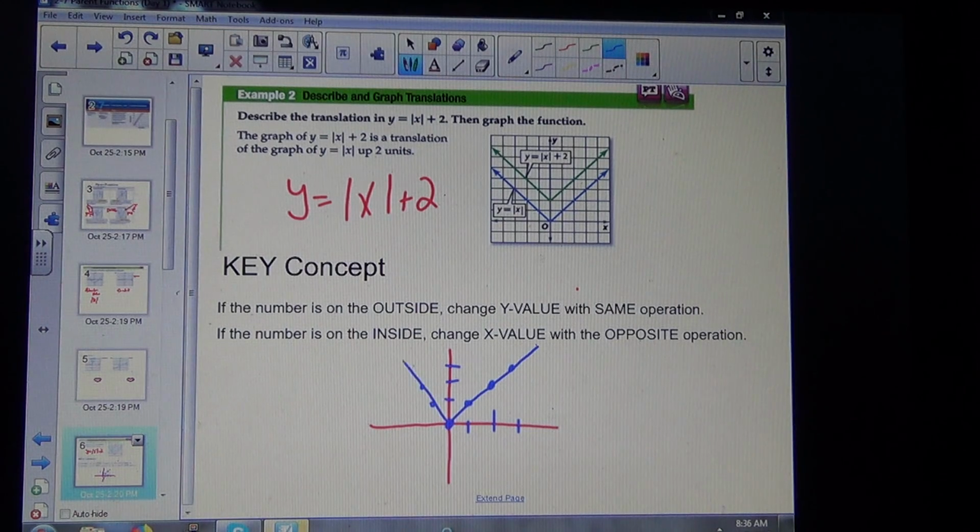So when you guys graph these today, okay, because it says describe the translation and then graph the function, you're going to have to describe what happens and then graph it. Okay, so this is my parent graph, this is my equation. This is the line y equals absolute value of x. We now want to do absolute value of x plus 2. So what happens here, 2 is on the outside.